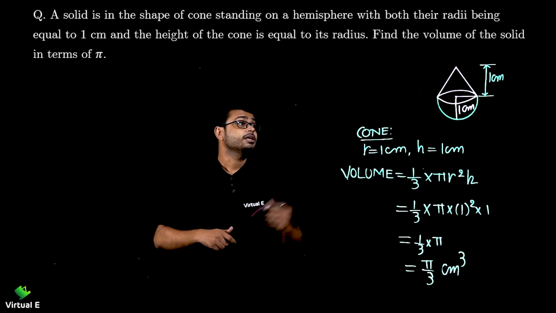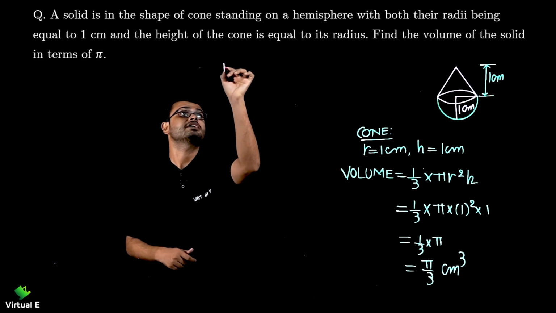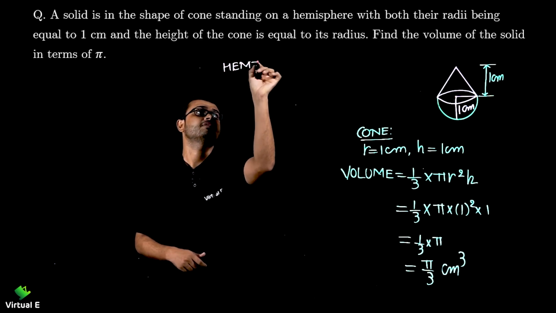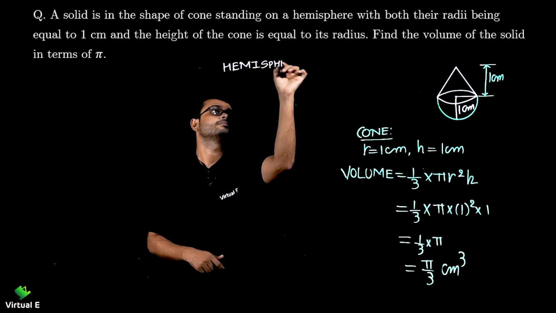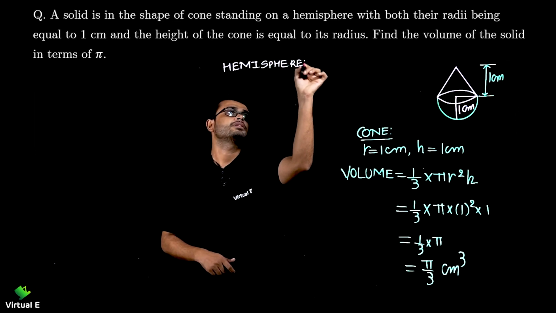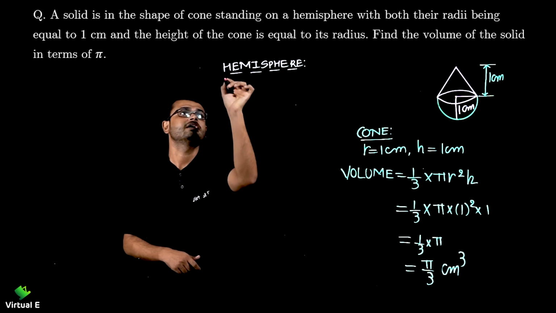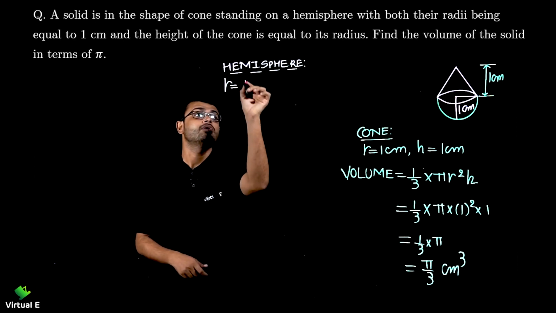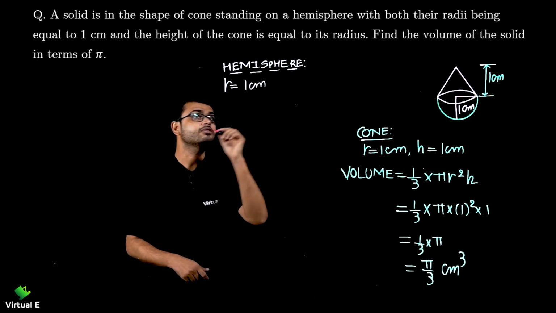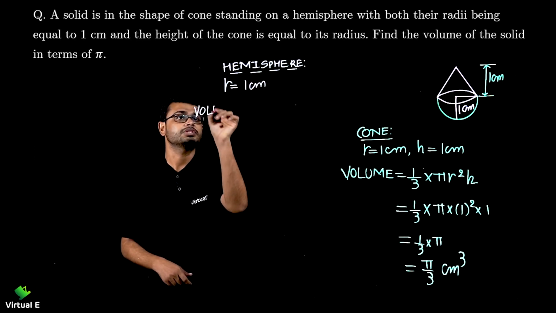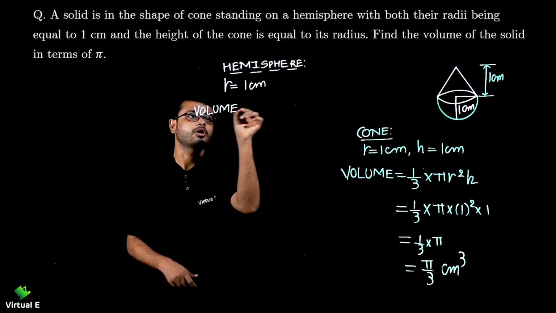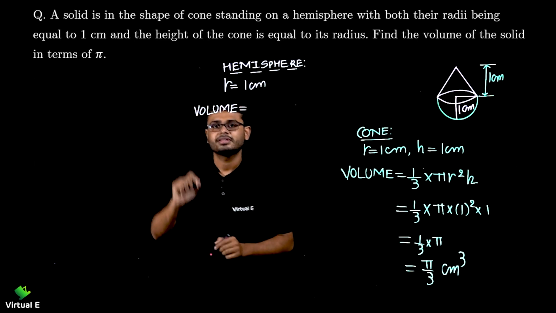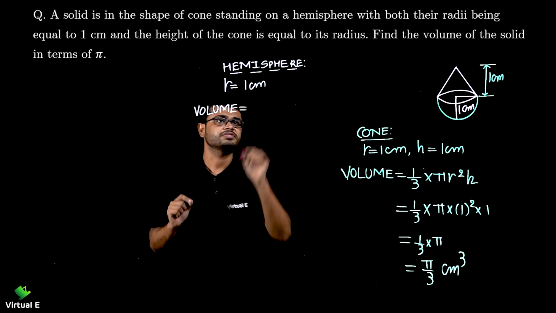Now let's move to the hemisphere. For the hemisphere we only need the radius. So the radius is the same, it is given radii equal. So 1 centimeter. Now we need to find the volume. So let's use the formula for volume. Now hemisphere, that is half of sphere.